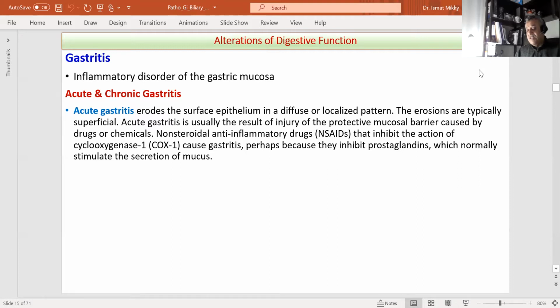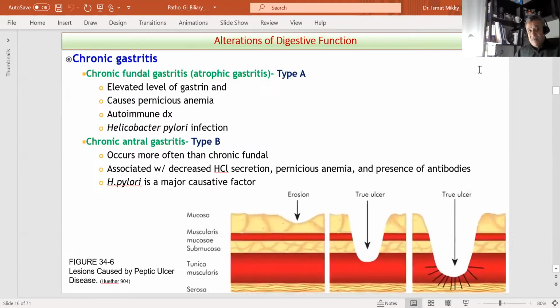In the classification of NSAIDs, one of the side effects is gastritis, in addition to other factors included in this slide.